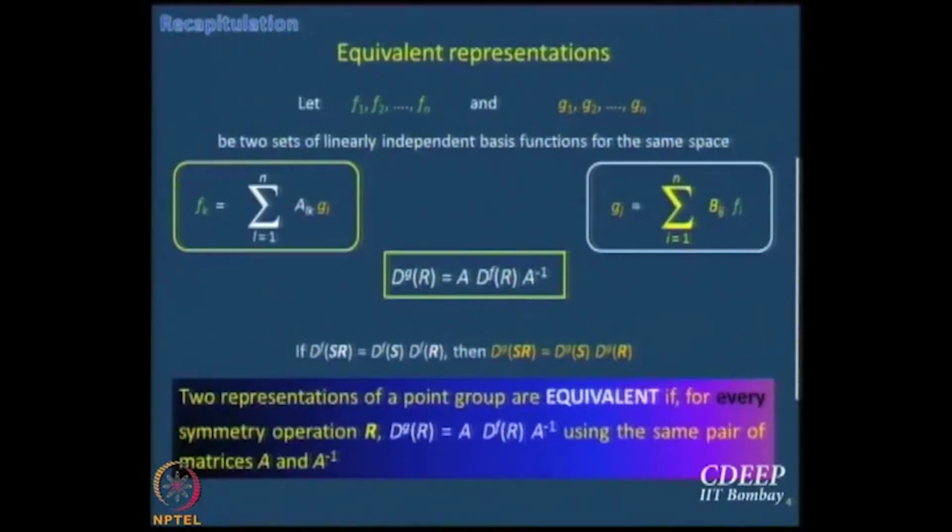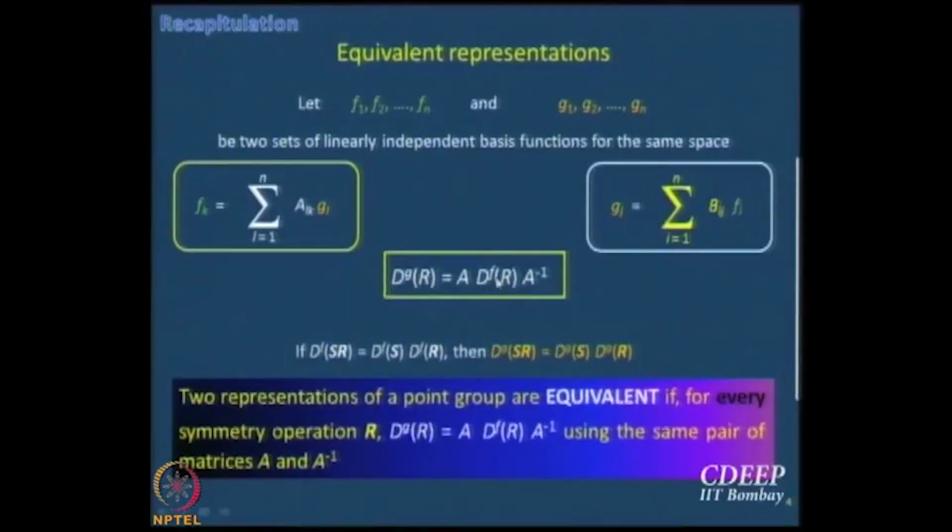Okay. And then I think we derived this also, that this matrix can be used to perform a similarity transformation that can take you from the F domain to the G domain. What is DGR? It is the transformation matrix corresponding to the symmetry operation R in G basis. What is DFR?